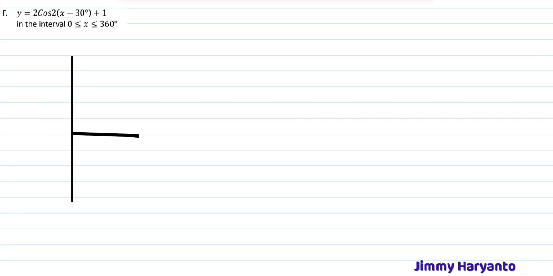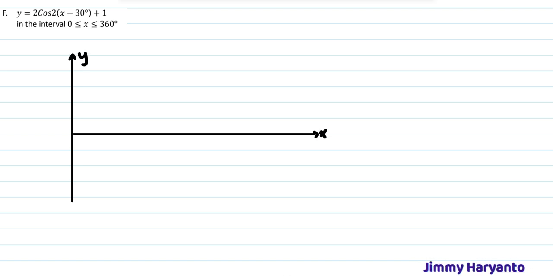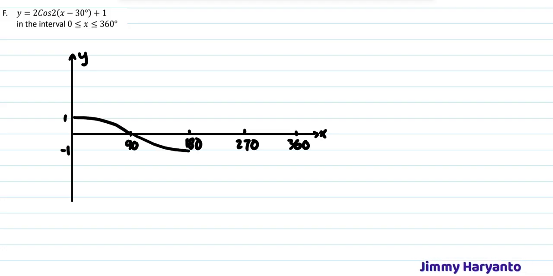And the last one is the complete one. So to draw this, let's do the x and y intercepts first. This one is 180, this one is 90, this one is 360, this one is 270, this one is 1 and negative 1. The question wants you to draw cos x, so I will create the original first. It is like this.